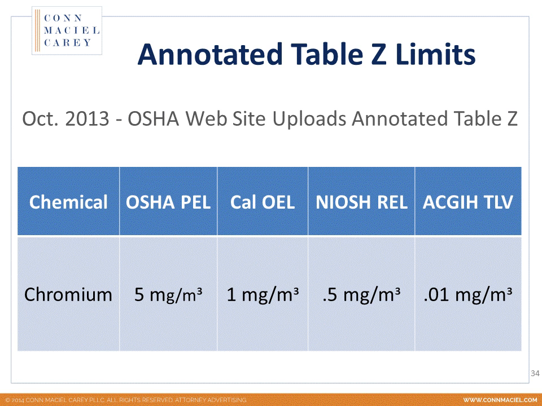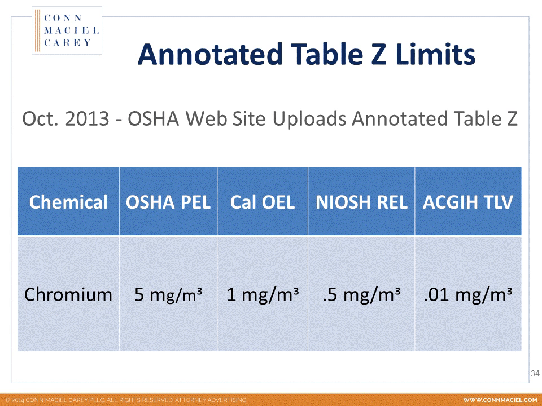Then they added the California occupational exposure limits, the NIOSH REL, and the ACGIH threshold limit values. So they've got OSHA limits, NIOSH limits, and ACGIH limits.